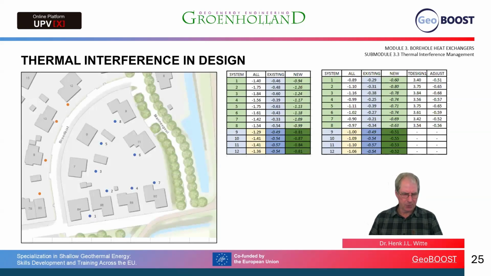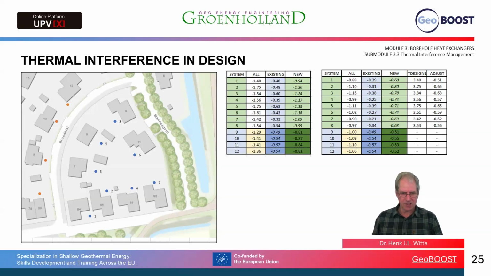So here we have an example of a number of houses where we have houses that we're going to install, numbers 1 to 8, and a number of houses that are already existing in light orange, numbered 9 to 12. And in the little tables on the right, you can see that at first, after the first iteration, we have a temperature effect overall of all the systems together, which we can separate in a temperature effect caused by the existing systems and a temperature effect caused by the new system.